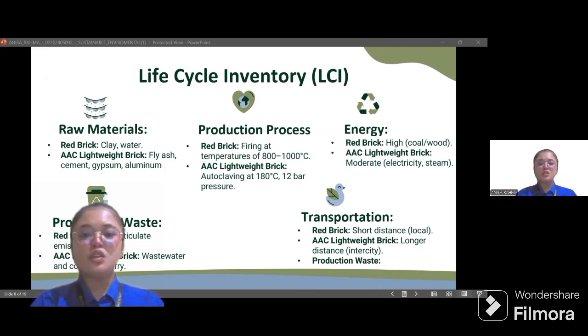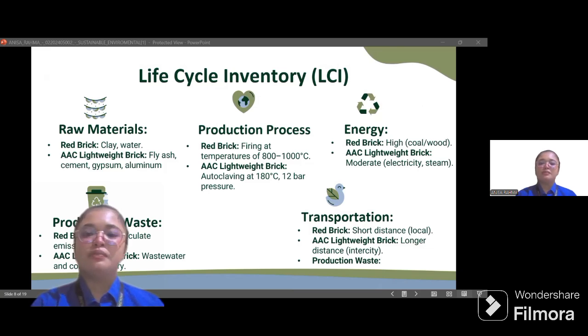This firing process uses fuels like coal or wood, which inevitably generate greenhouse gas emissions and other pollutants, significantly increasing energy consumption. The long firing process and high temperature also produce harmful particle emissions that can affect the surrounding environment.